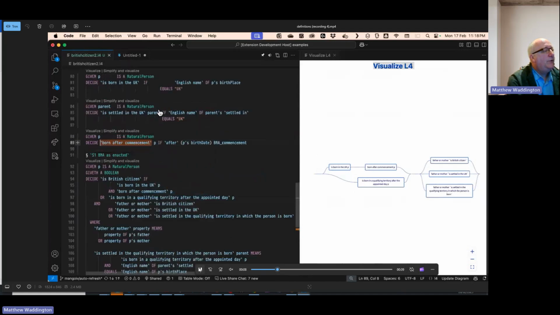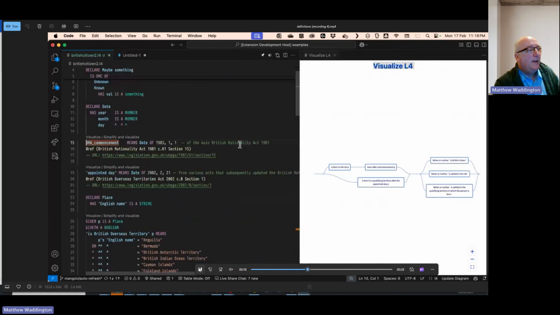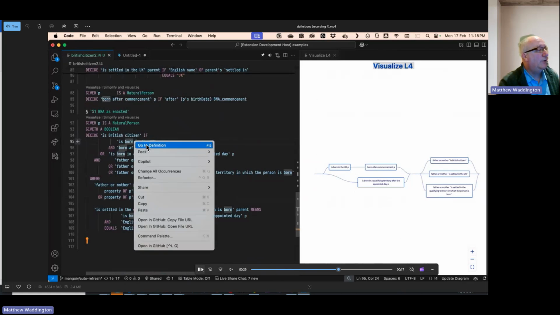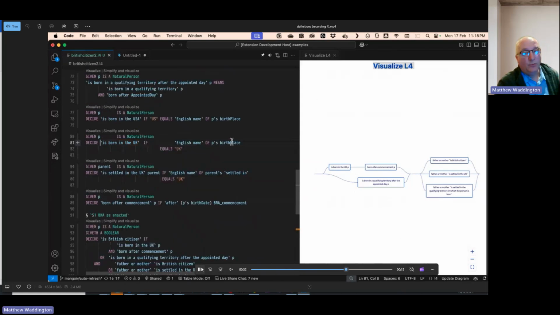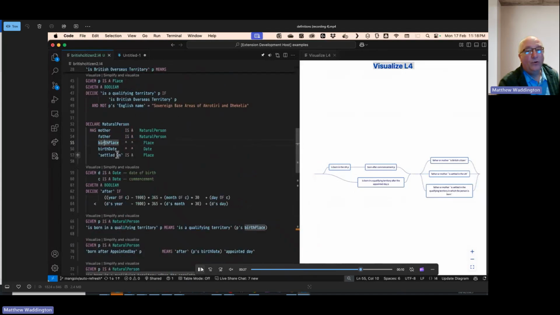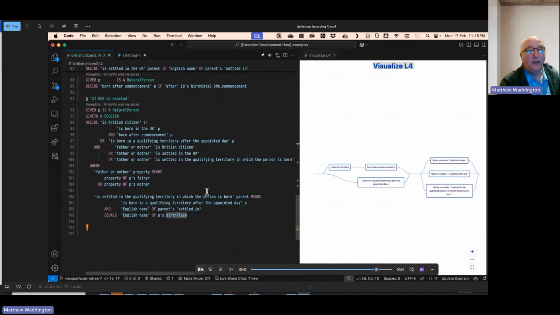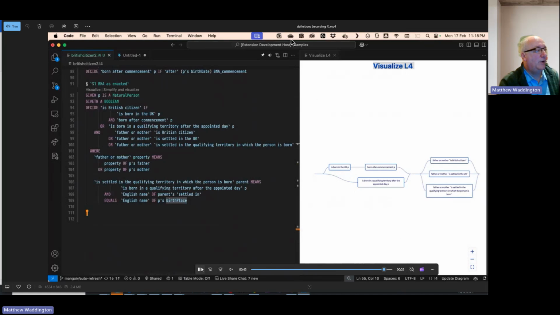That will take you to where the definition is in the L4 code, which is very similar to being able to find in legislation, when you've got a defined term, where the definition for that defined term is. That's something that we're looking at. It'll be the subject of a separate video, but we're looking at having that for the actual text of legislation as well, the idea that you can have a pop-up that takes you to the definition when you see a defined term.